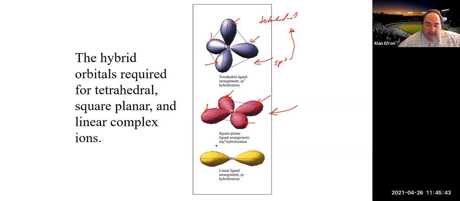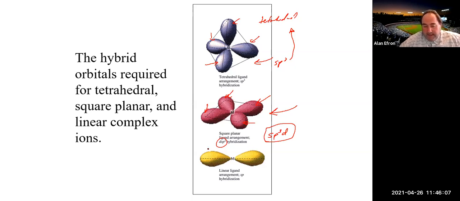The sp3d2 hybridization goes with that square planar geometry that we sometimes see, that expanded octet that we see with our octahedral arrangement, to get our square planar geometry.